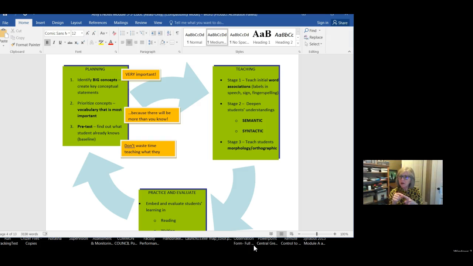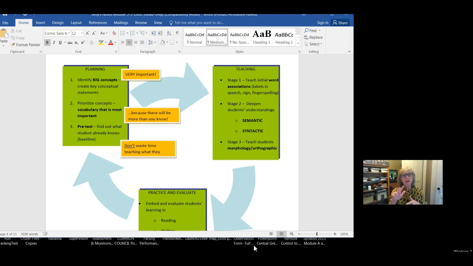And so you pick words that are really important to understanding the reading or the text, and maybe the words that you pick, you can tuck other words under, but you have key words that you select for teaching.